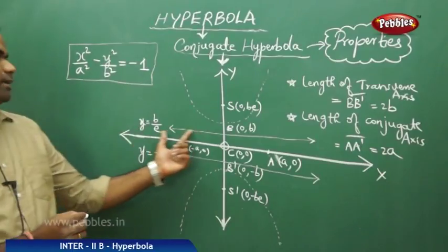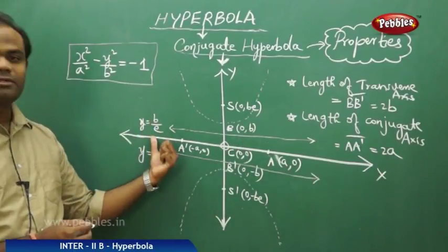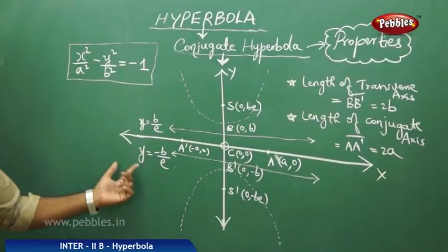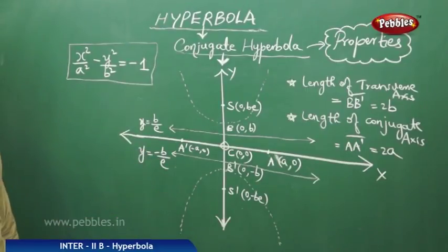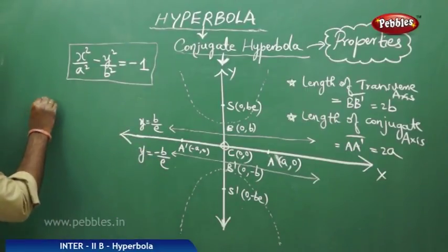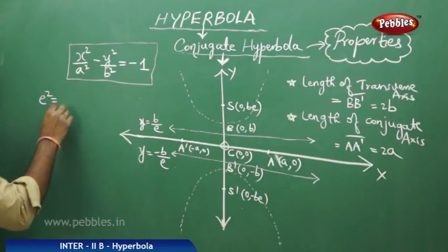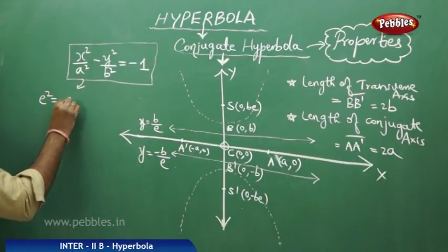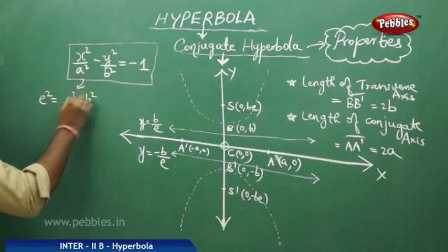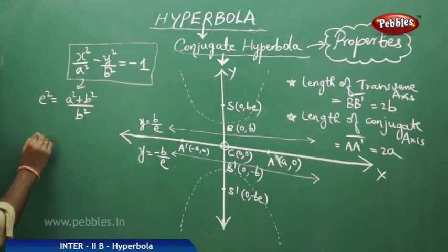So the directrix on the top is given by y equals b by e, and the directrix below is given by y equals minus b by e, and the eccentricity which we have for conjugate hyperbola is a square plus b square by b square.